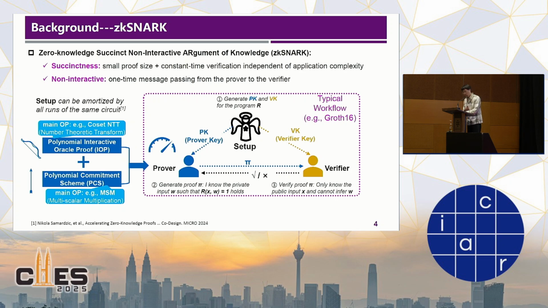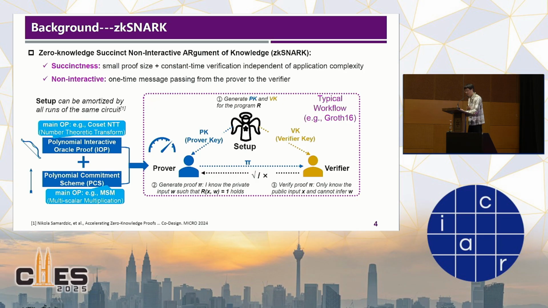The typical workflow of the ZK-SNARK consists of 3 parts. The trusted setup generates the prover key and the verifier key for the program. It can be reused by all runs of the same circuit. The proof generation is very time-consuming, especially for a large program. It consists of the IOP and the PCS.